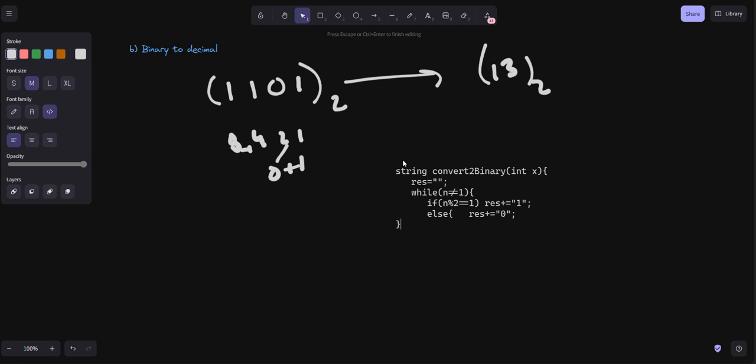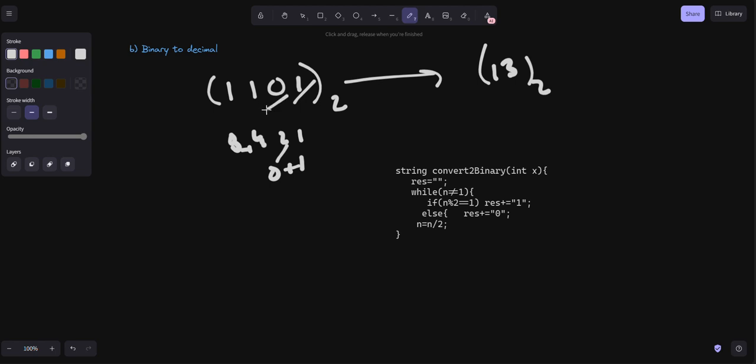And as you are doing this, you can also make n equal to n by 2. As you are going backwards, you are dividing, so you have to make it smaller: n by 2, n by 2, n by 2.